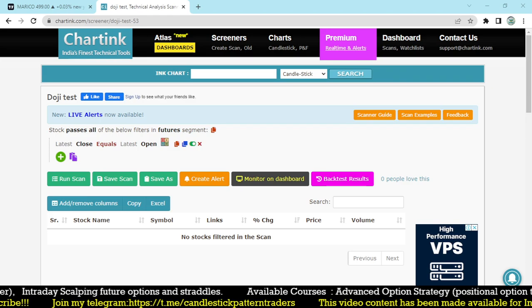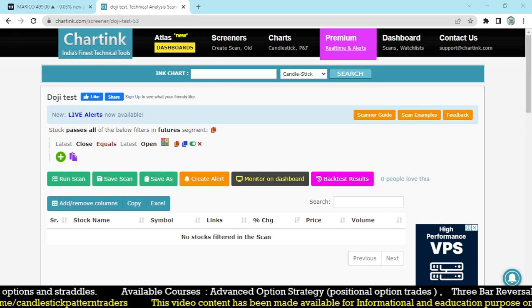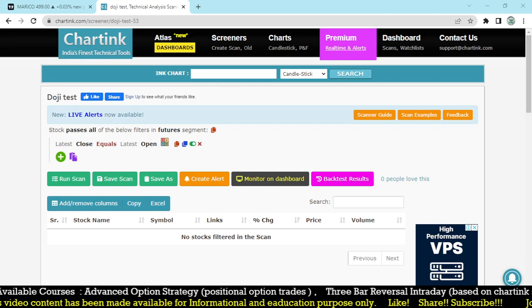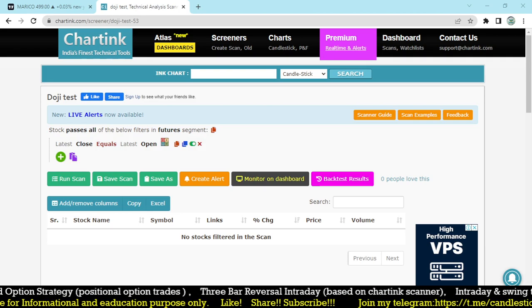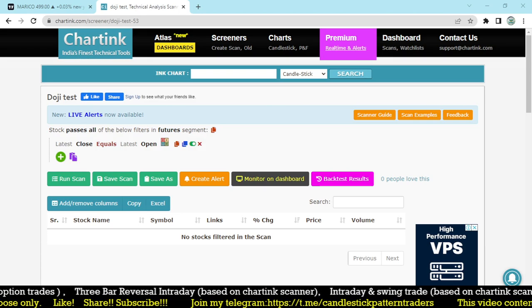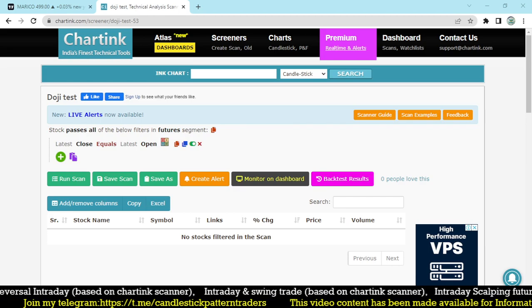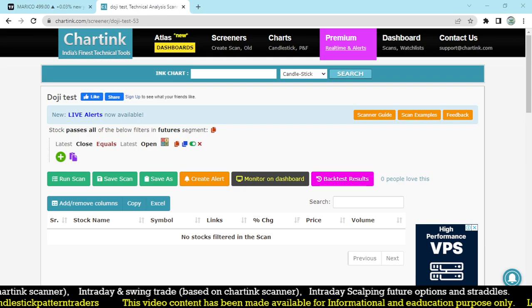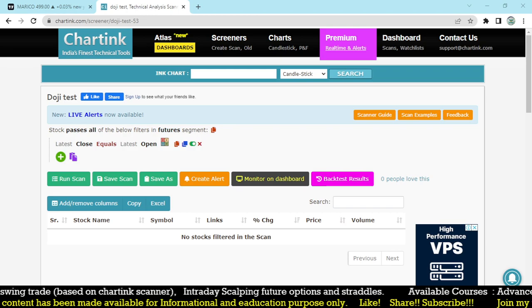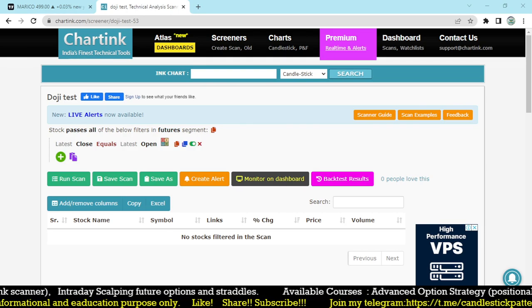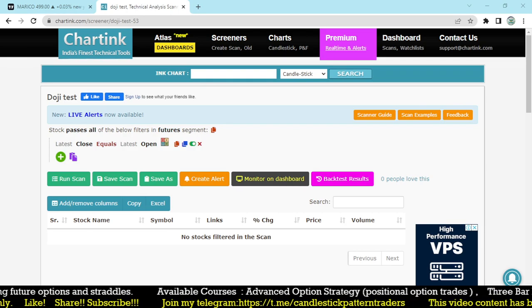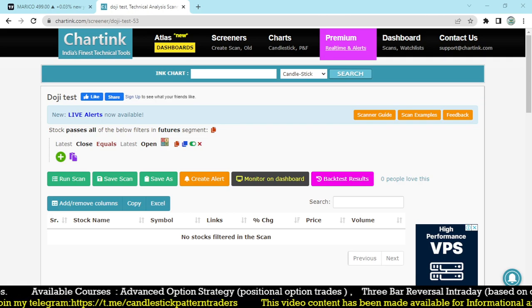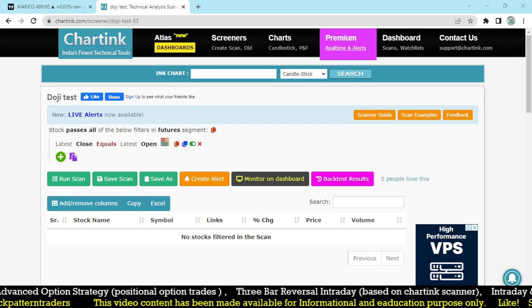So you have to remember, right? Instead of checking manually which stock forms like that, we use scanners and screeners, and here it is very easy to find such an opportunity. That is my main reason for using scanners.